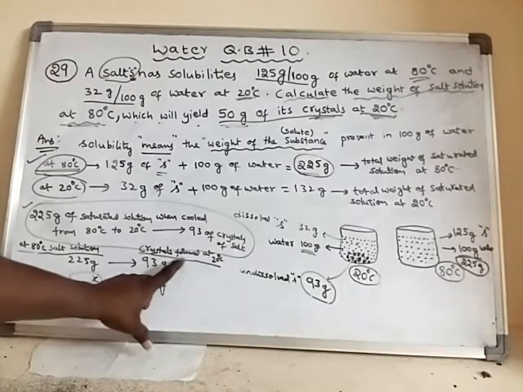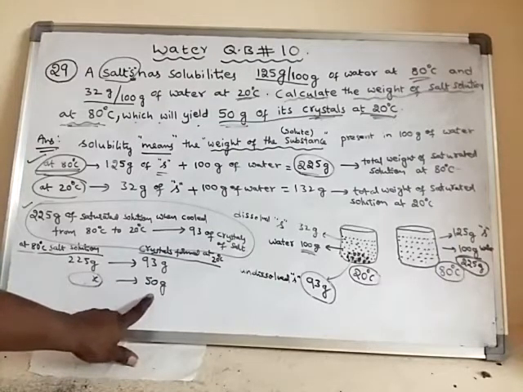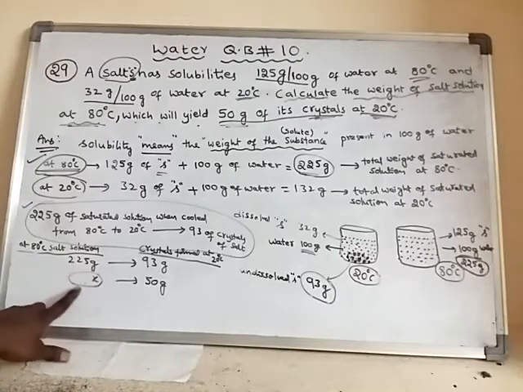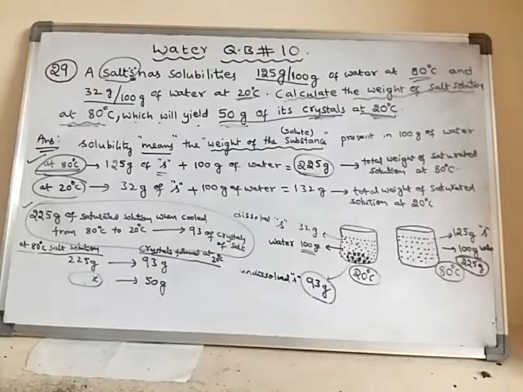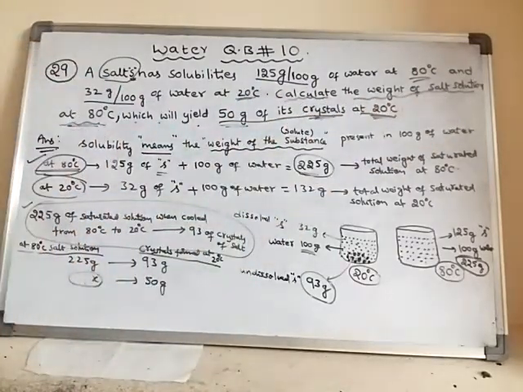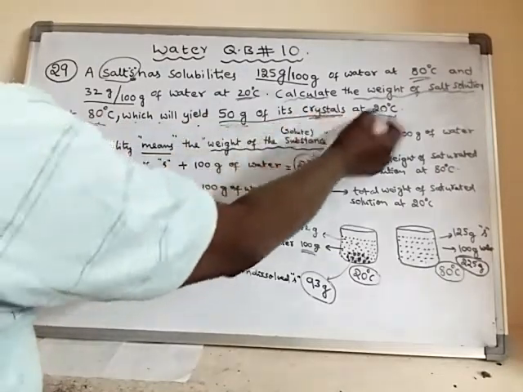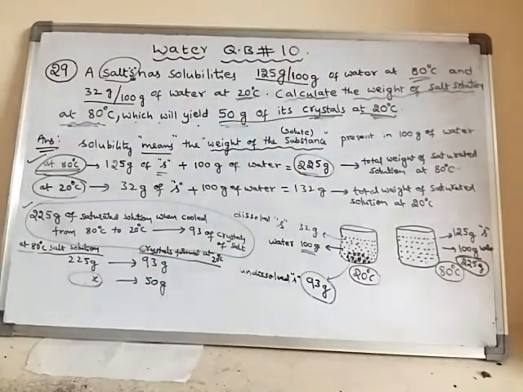But if you want to produce only 50 grams of crystals, how much amount of salt solution do we have to take at 80 degrees centigrade? Calculate the weight of salt solution at 80 degrees centigrade which will yield 50 grams of crystals at 20 degrees centigrade.